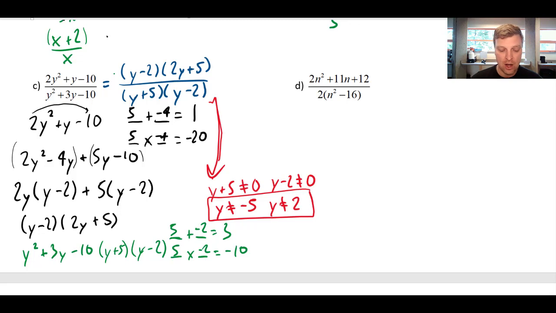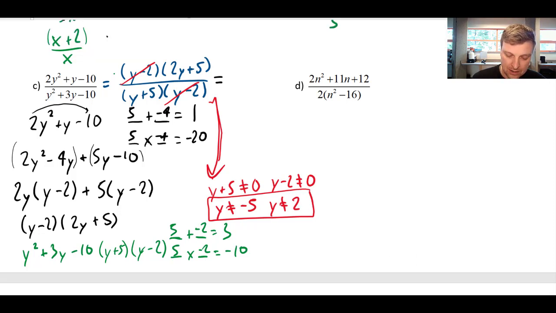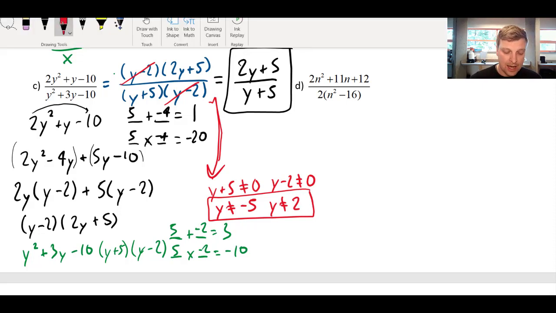And in fact, I've got y minus 2 on top and y minus 2 on bottom, so those two cancel out. What I'm left with, this whole thing simplifies then to 2y plus 5 divided by y plus 5. Now that is the final answer. And that sure looks like it should simplify more, but remember, I can't take out a common factor across the whole top and bottom. So that in fact is as simple as it's going to get.